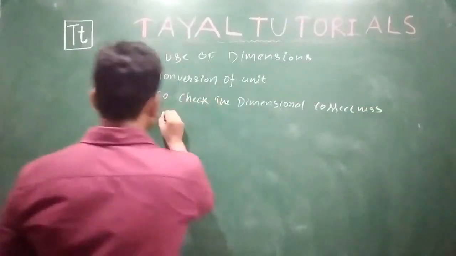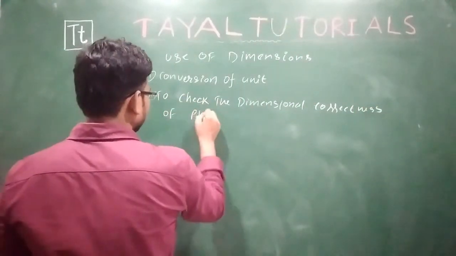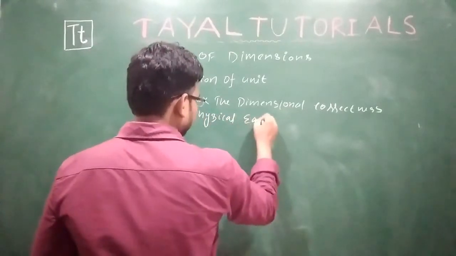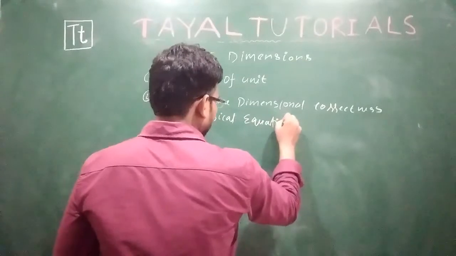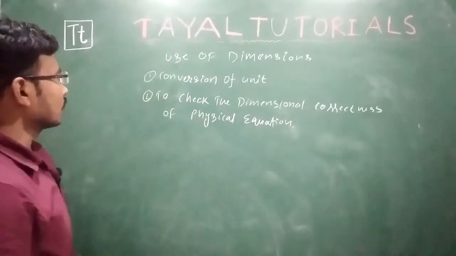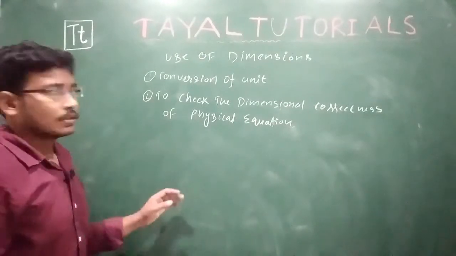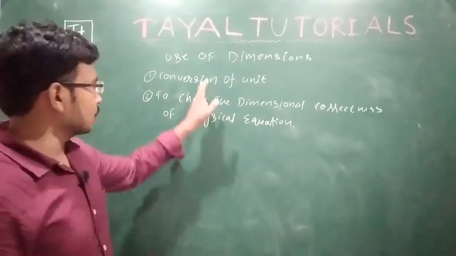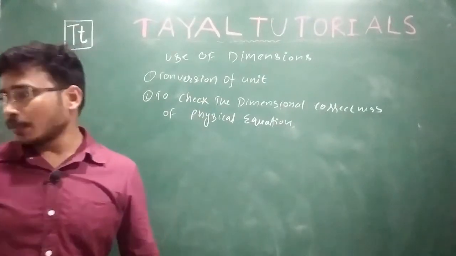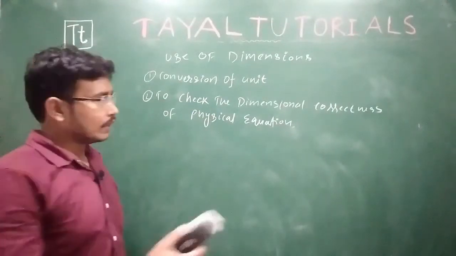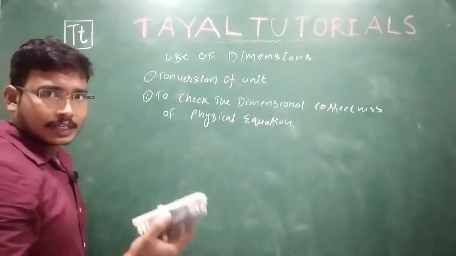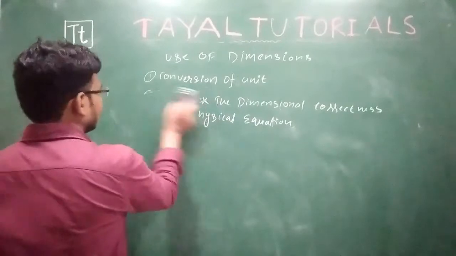These are the two uses of dimensions. In this session I am going to cover only conversion of unit. Before that I will take the theory related to this, then I will take one problem and solve it.